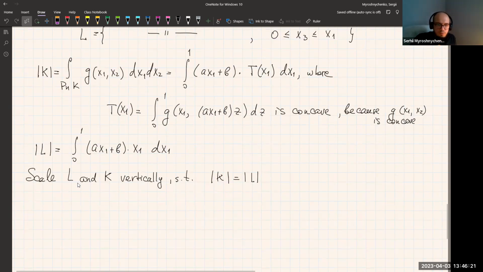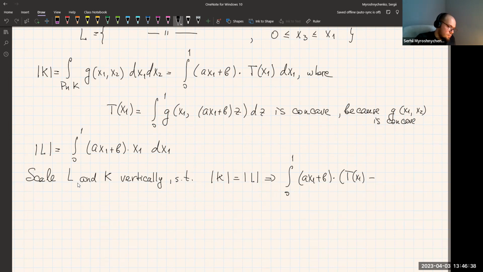Under this assumption, looking at all of these calculations, we can see that the integral from 0 to 1 of the difference of these volumes will be 0. What's the difference here? The difference is exactly what you would expect. Yes, this is just equality of volumes.